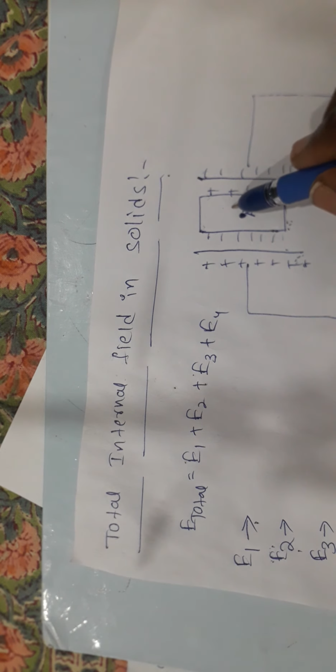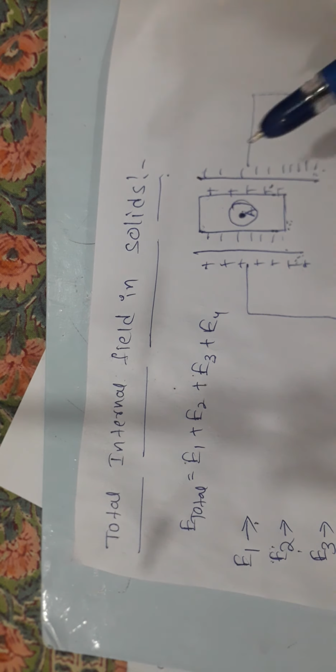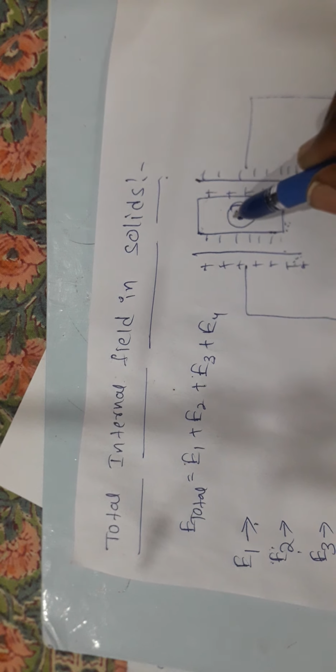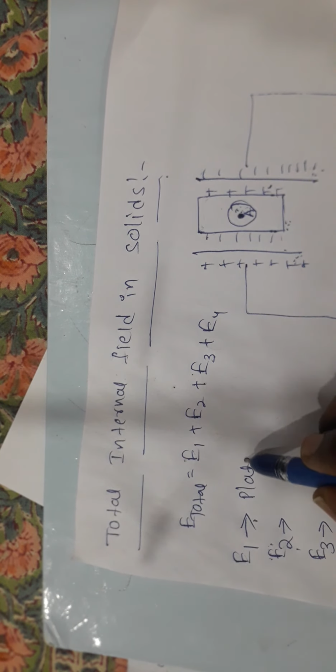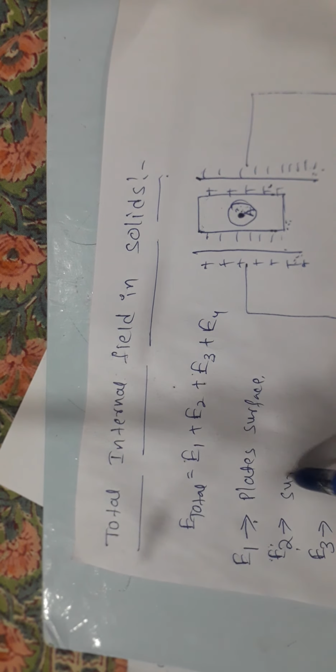Coming to E3, we draw some imaginary cavity inside the dielectric material. Inside the imaginary cavity also some charge carriers are there, so some field is generated. That field is E3. So the first one is the plates, the next one is the surface of the dielectric material, and the third one is inside the cavity.